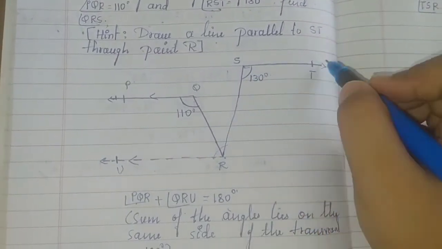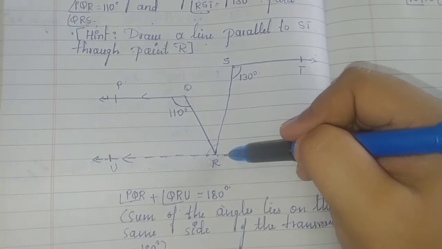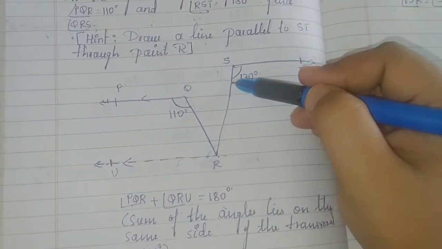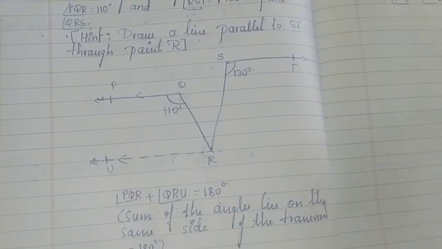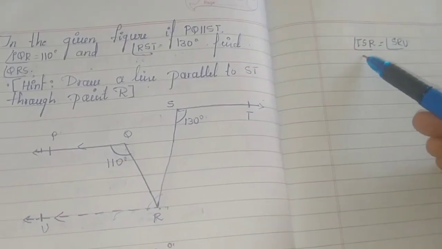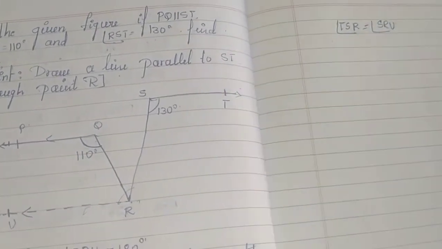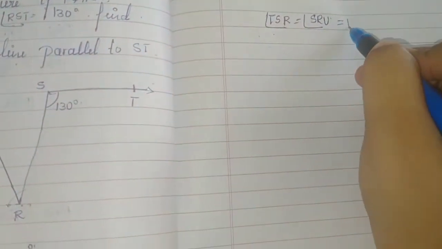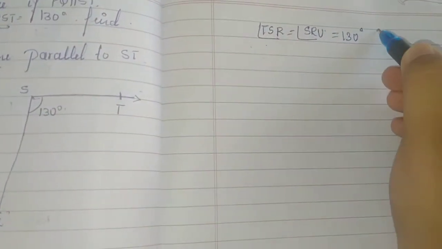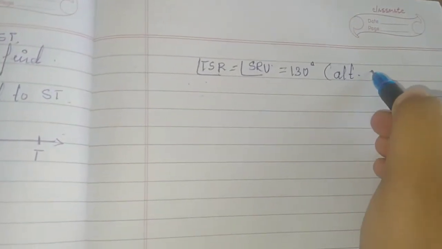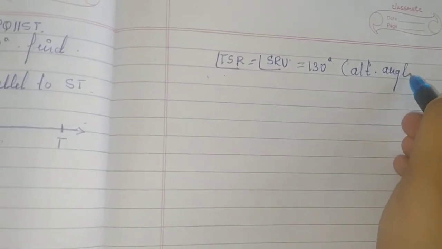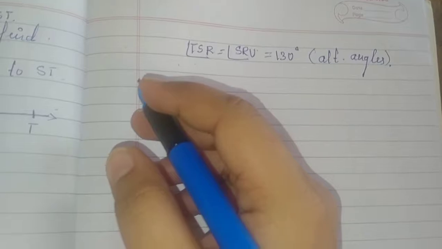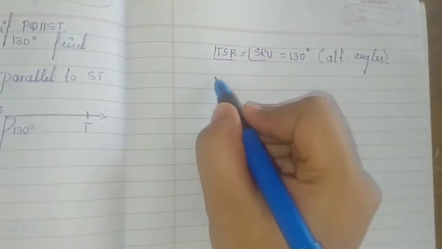See here, ST and UR are parallel lines, right? If these two are parallel lines, then the alternate angles are equal. So for that sake I have written angle TSR is equal to angle SRU. So angle TSR is equal to angle SRU is equal to 130 degrees, because they are alternate angles.